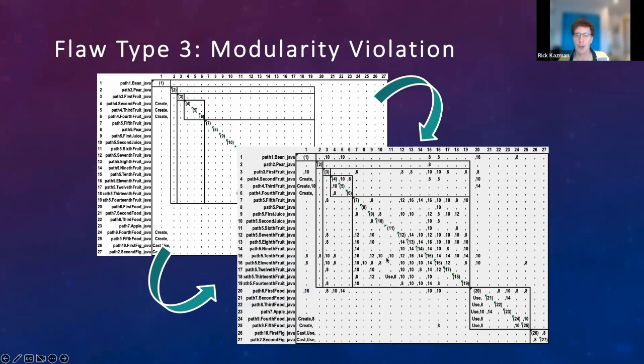This core set of files from file 7 to file 19 has tremendous numbers of code change relationships. So these files are changing together, even though there's no structural dependencies among any of them. There are some implicit dependencies.